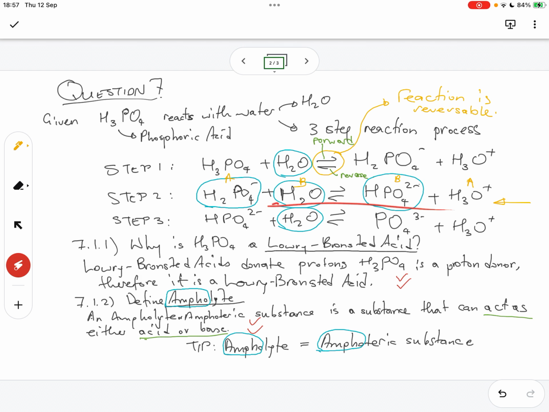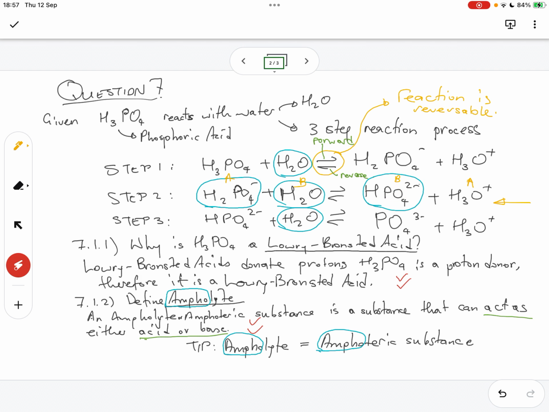Now in the reverse reaction, we have H3O plus acting as an acid and HPO4 2 minus acting as a base to give us H2O and H2PO4 minus. That means in the direction from right to left, HPO4 was acting as a base.